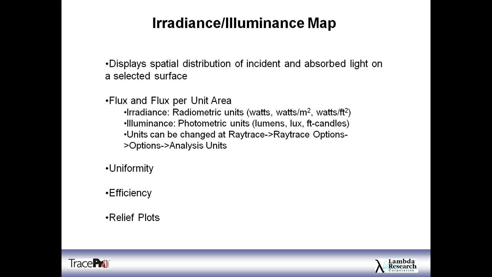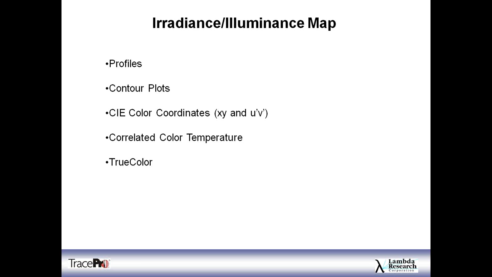You can also look at uniformity with the irradiance map, efficiency, relief plots, profiles of the spatial distribution, contour plots, and CIE color coordinates are available, both x, y, and u prime, v prime color coordinates. You can get the correlated color temperature, the CCT, and there's also a true color mode, so you can get a feel for what the light would actually look like to a viewer's eye.